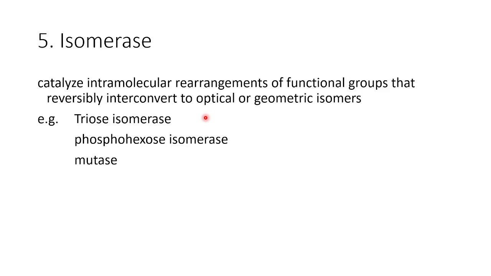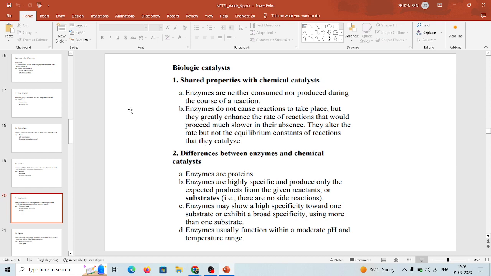Another very interesting type is your isomerase, that converts a particular molecule structure into another one, say keto and enol, the alcohol structure. So isomerism is occurring. They catalyze the intramolecular rearrangement of the functional groups, which is in equilibrium between the two conformations, and they can interconvert among themselves, which are basically your optical or geometric isomers.